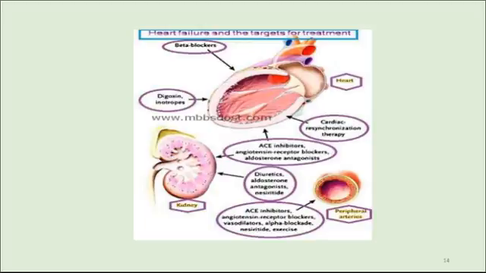Their action is to decrease the ventricular filling pressure and the systemic vascular resistance by lowering the blood pressure, and then that results in an increased cardiac output. ARBs, or angiotensin receptor blockers, end in sartan, such as losartan, valsartan. Those drugs also have the same effect.